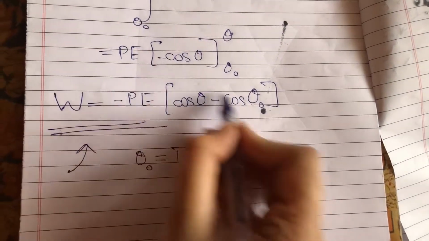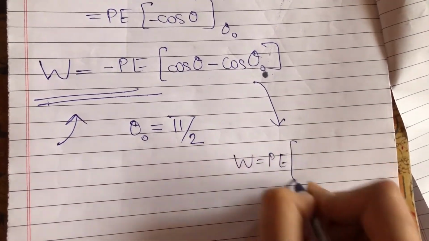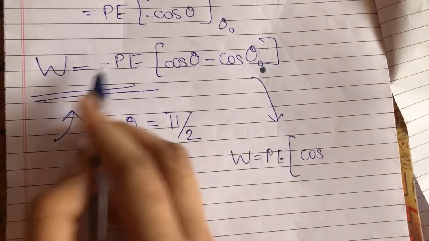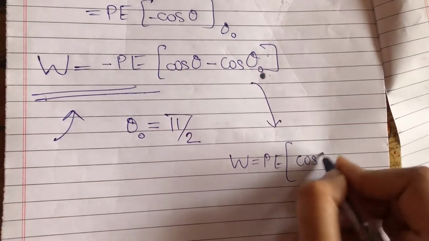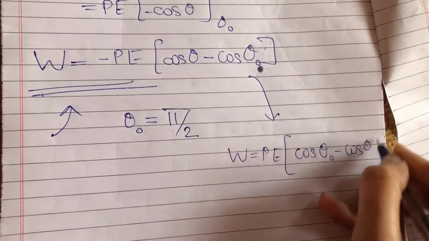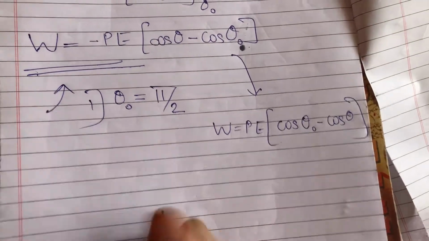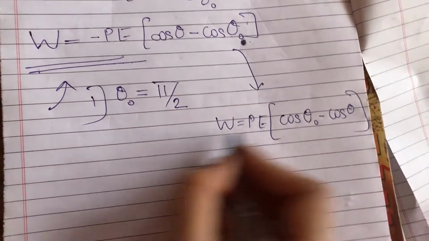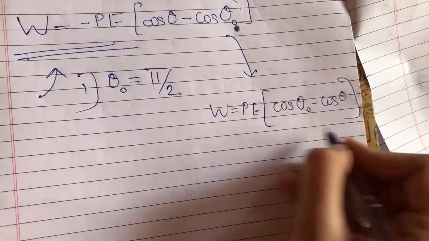You can use this minus inside and write this formula as C, minus plus minus, minus minus plus. So cos theta naught minus cos theta. First case, if theta naught is pi by 2, means your initial angle is pi by 2. So cos of pi by 2, cos of 90 gives you 0.